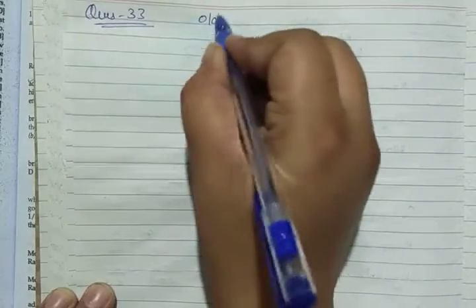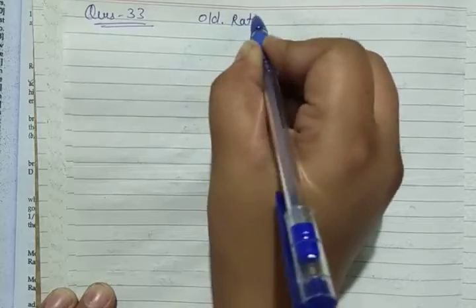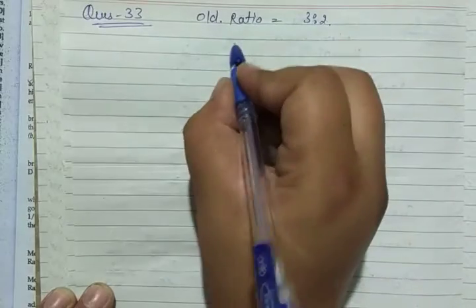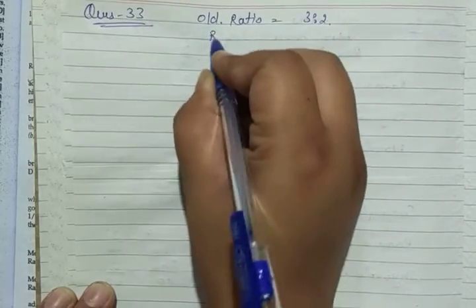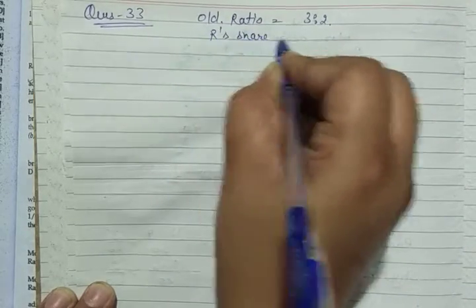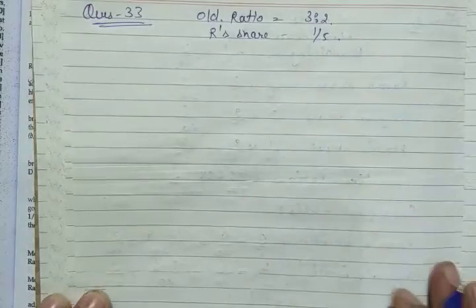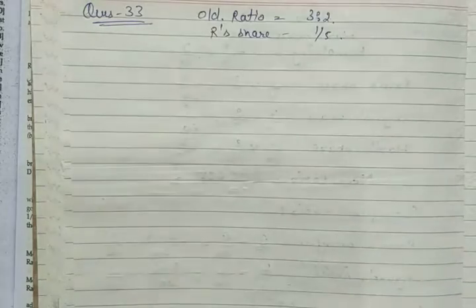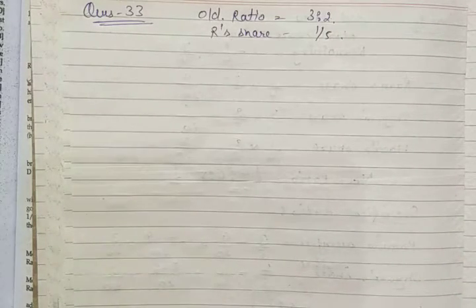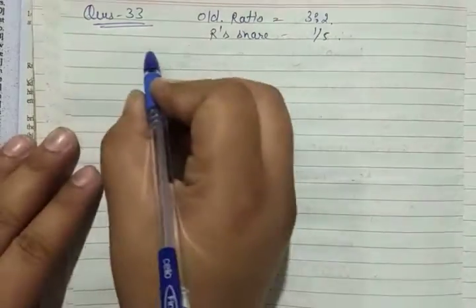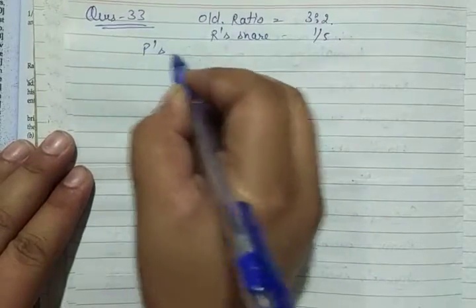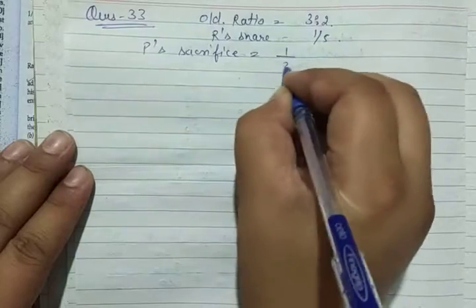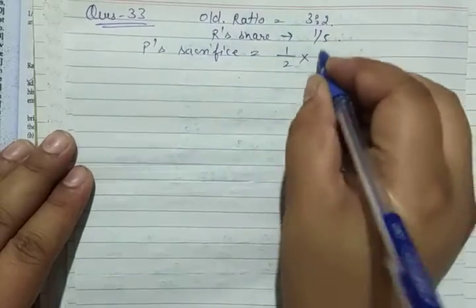For that, we have to write out the old ratio that is given in the question as 3:2. And the third partner's share, that is R's share, is given as 1 by 5th, which he acquired equally from both of the partners. Okay, that means P's sacrifice is half of R's share, that is 1 by 5.